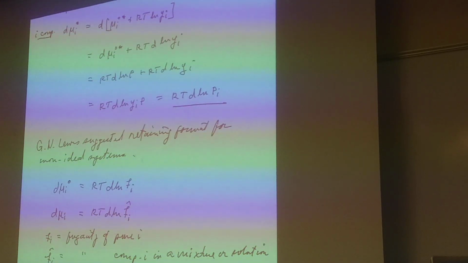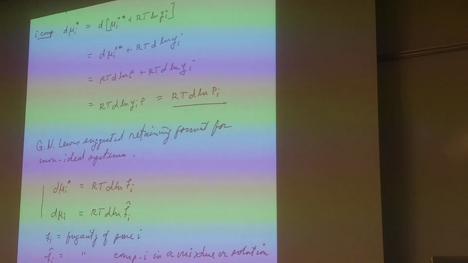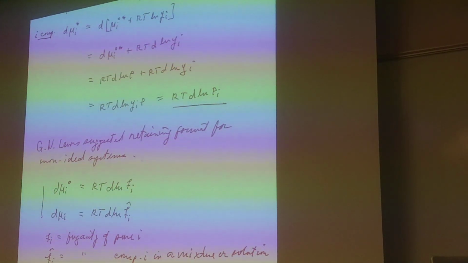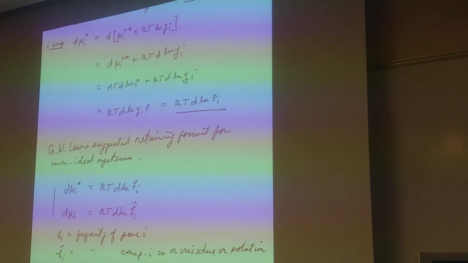Okay, what I want to do next is show how the direct relationship here between fugacity and chemical potential is expressed in these terms, and then I want to address what the physical significance of this fugacity function is, because it's very important to our understanding of the way we're going to handle this whole situation.